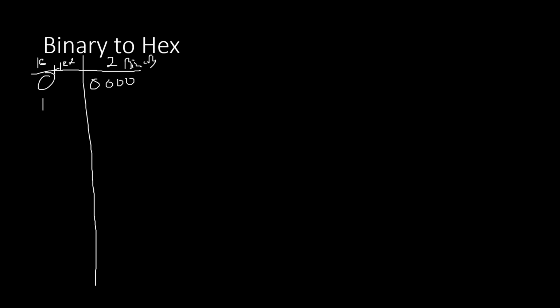If we had 1 in hex, that would be 0, 0, 0, 1. If we had 2, that would be 0, 0, 1, 0. I'm just writing the binary representation for this number.